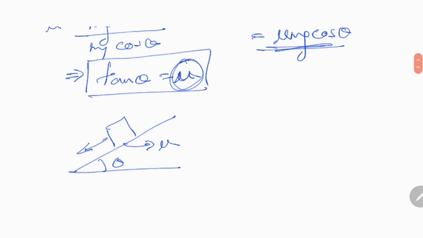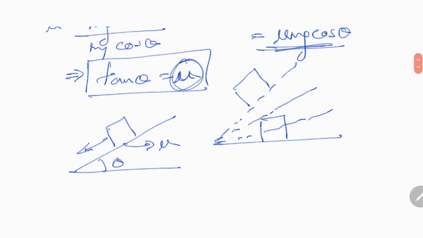So for example, if I take a plane and I want to find the coefficient of friction, I take a body, then I slowly start raising it. I'll raise it at this angle, then at this angle, then at this angle, and at the angle at which it starts sliding down, I just record that.